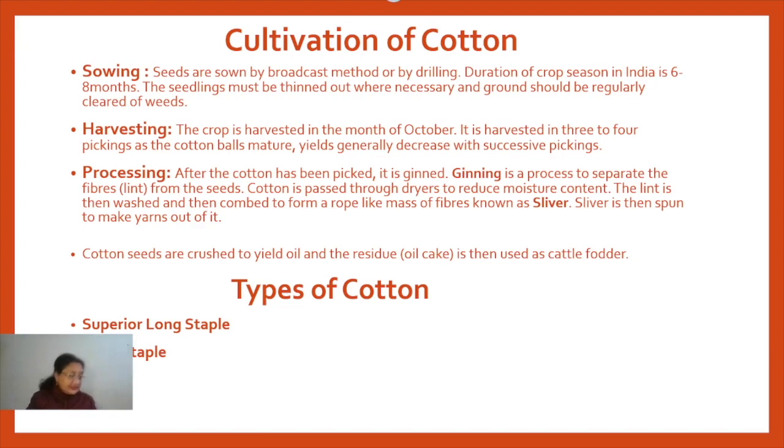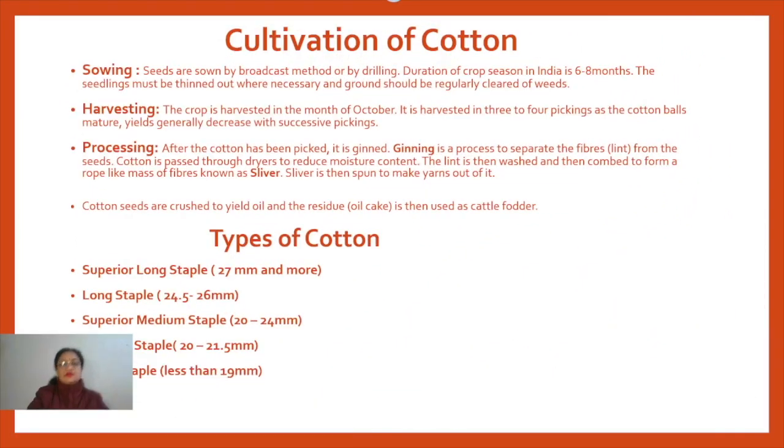Now one more topic is left, that is types of cotton. On the basis of the length, the strength of the fiber and the structure of it, we can categorize the entire cotton produced in India into 5 categories, or 5 varieties of cotton.